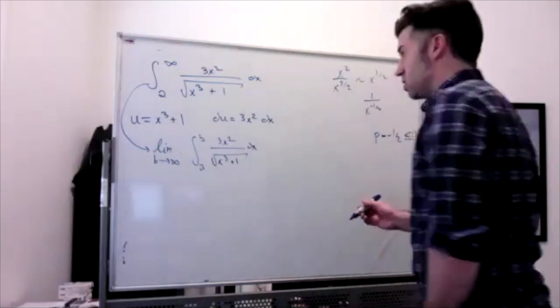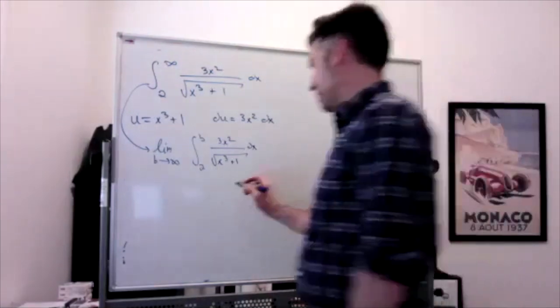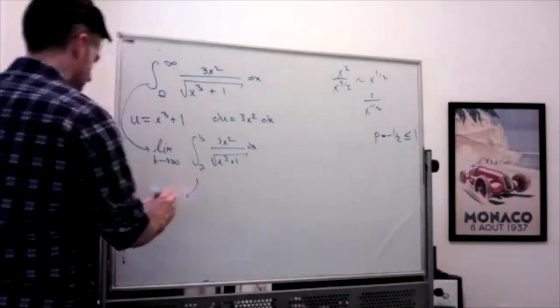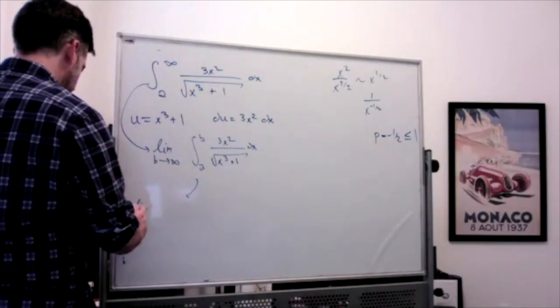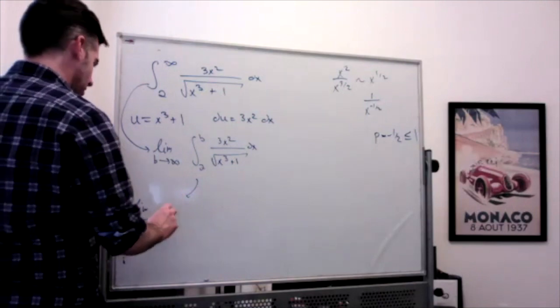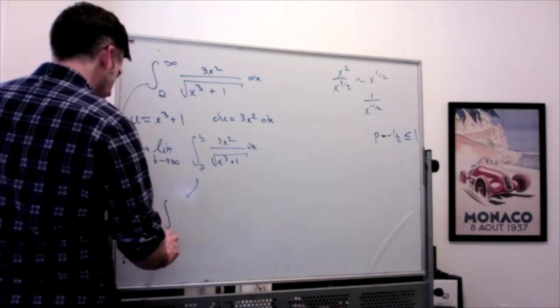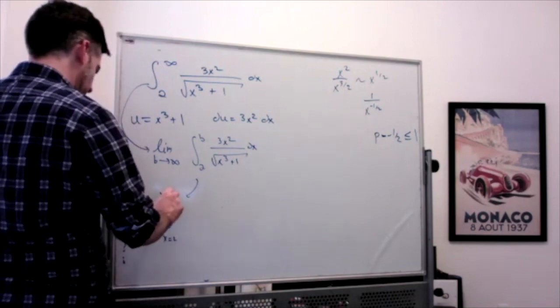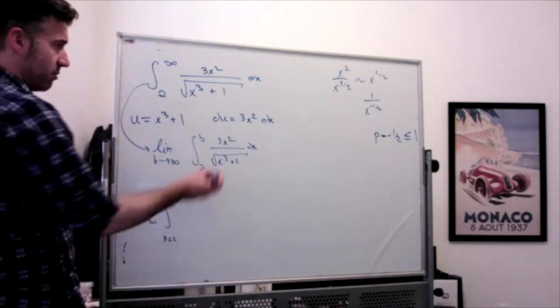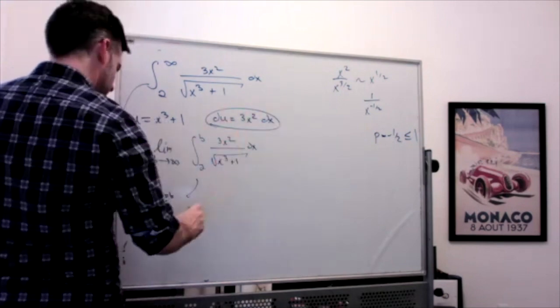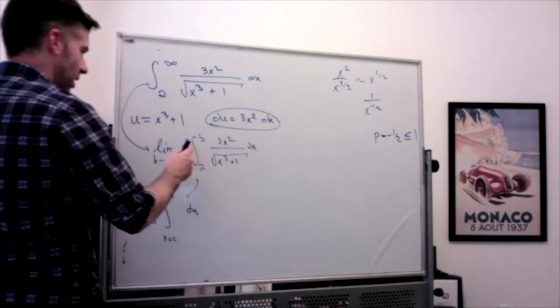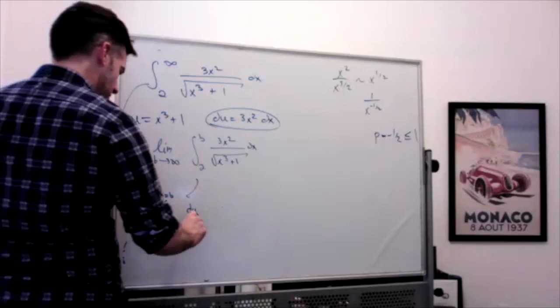Now, you can either write this as the limit as b goes to infinity of the integral from x equals 2 to x equals b, and do the u sub. Du is 3x squared dx, and the bottom is going to be the square root of u.